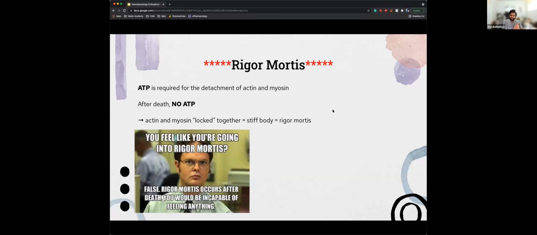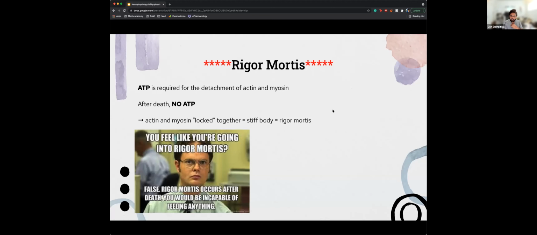I never thought about that, but no. With no ATP, our actin and myosin remain locked. And when they're locked, you'll have a stiffer body, which means rigor mortis, right? So you don't have that detachment of the actin and myosin. That's basically the whole rigor mortis stuff that I was going on about a little bit earlier.